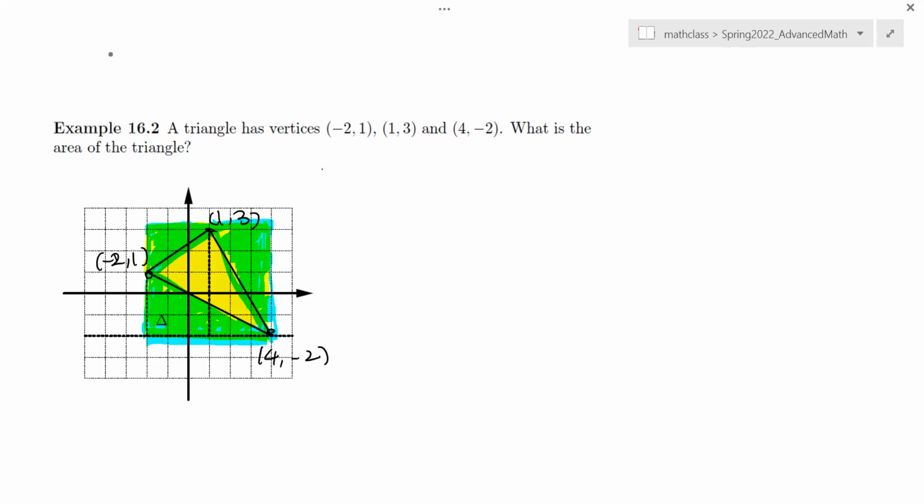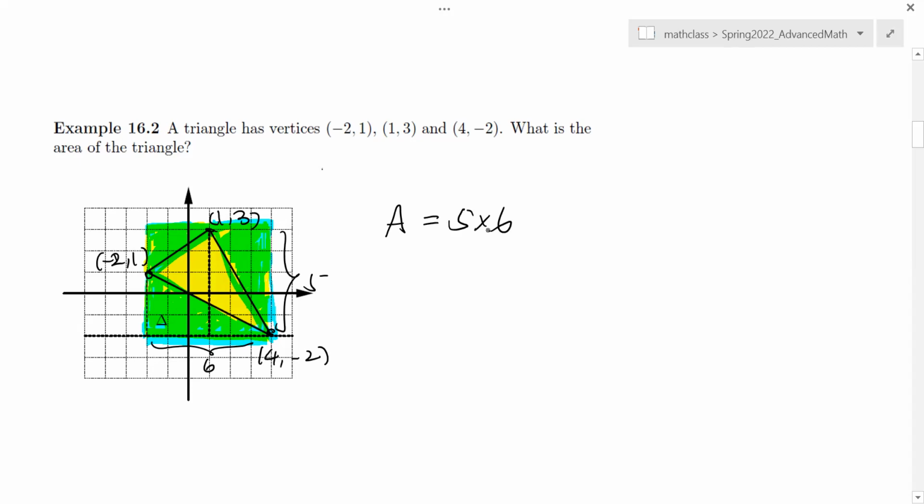All right, I see somebody else got the answer here. So let's see the edge lengths of the rectangle. From -2 to 4, it's actually 6. And from -2 to 3, that's going to be 5. So first of all, the area of the rectangle is 5 times 6.